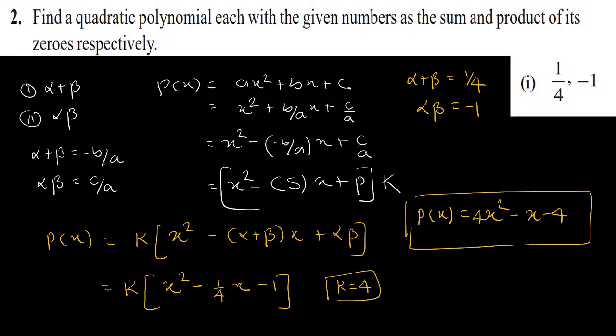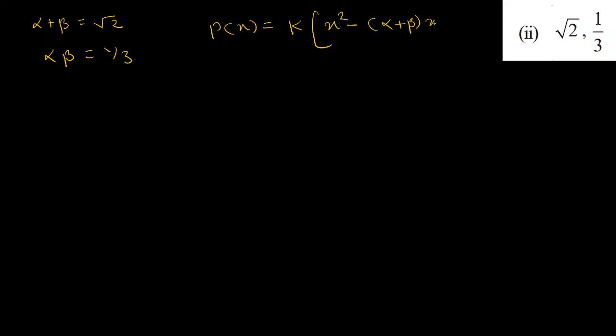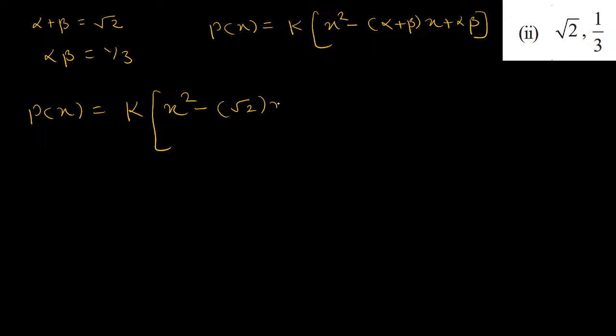Okay, let's move to the next question. Here alpha plus beta is root 2 and alpha beta is 1 by 3. So we know the polynomial can be written as k times x square minus (alpha plus beta) x plus alpha beta. Therefore p of x is equal to k times x square minus root 2 x plus 1 by 3.